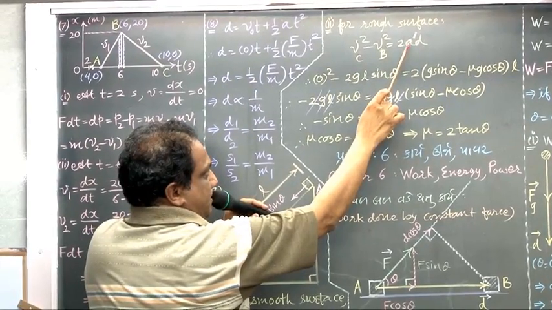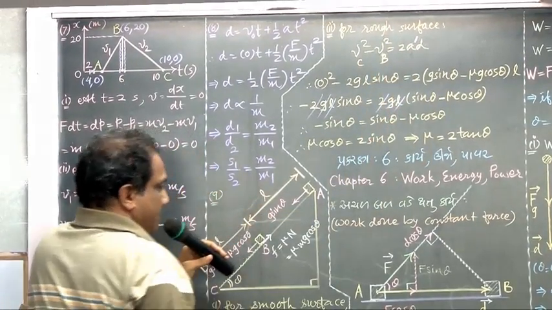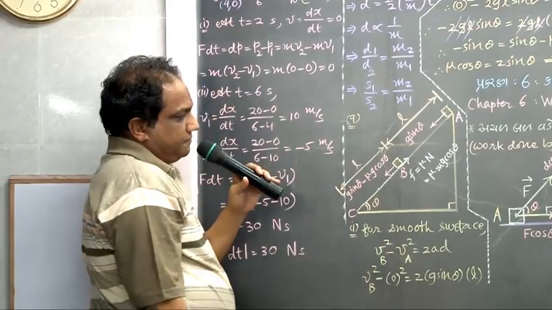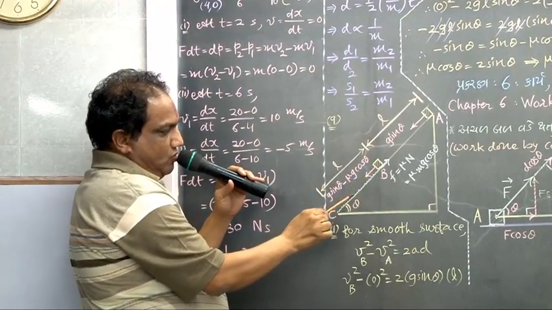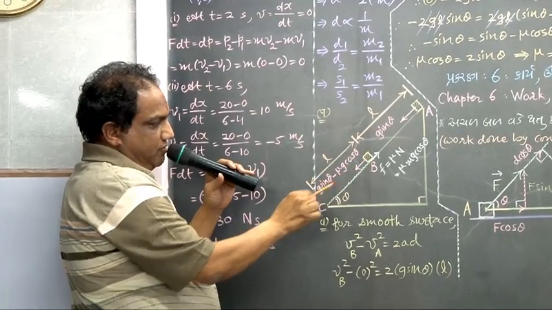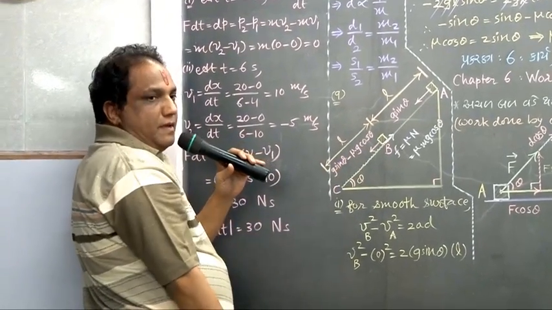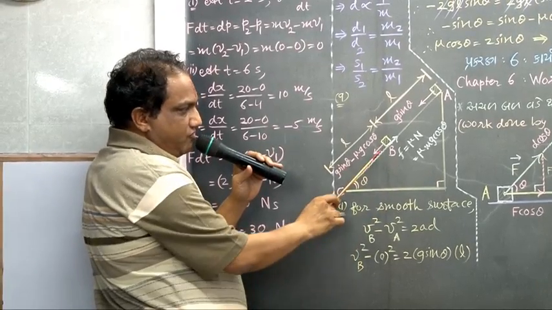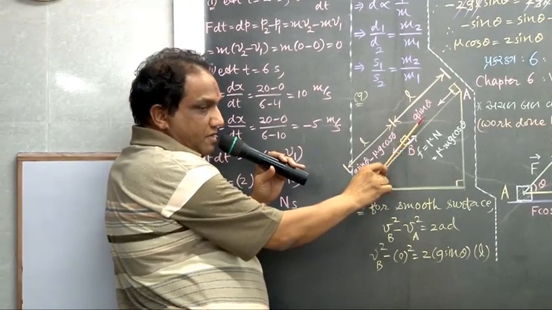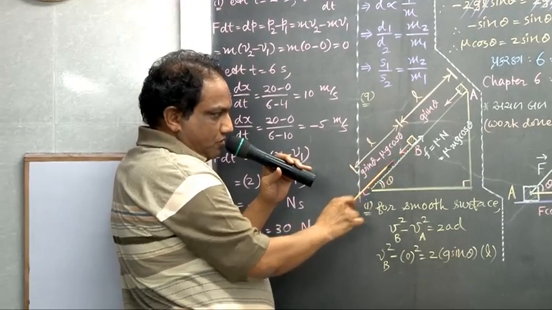Now try to understand this acceleration. Already g sin theta is towards the bottom of the slope, parallel to the surface. But now there is friction. So frictional force will act in a direction opposite to motion.